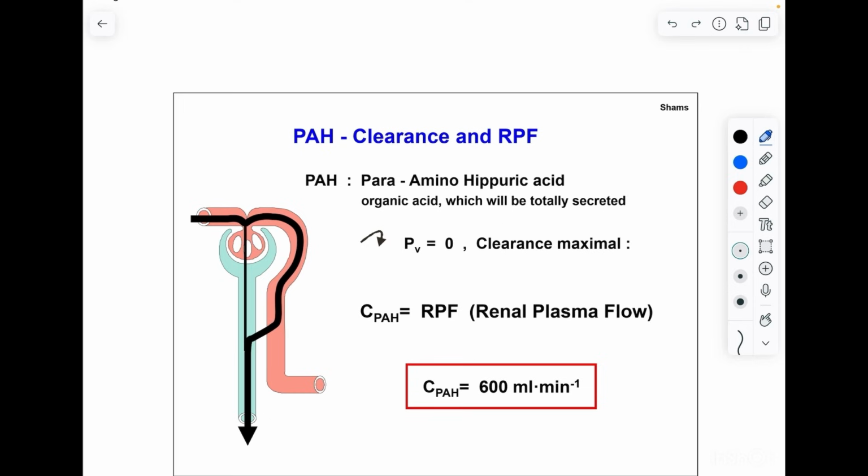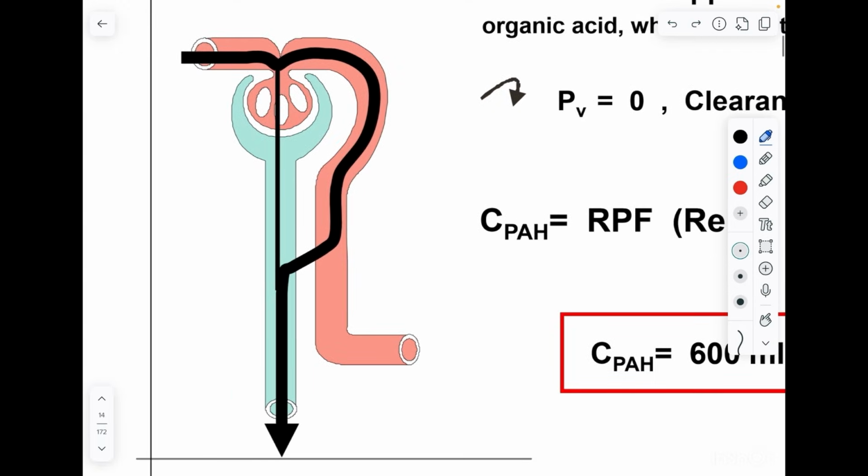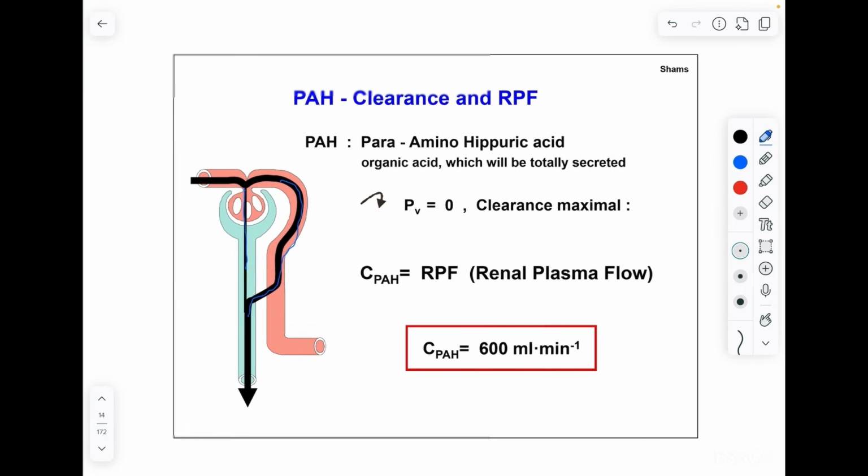Now we have para-aminohippuric acid, PAH. This substance is fully secreted, so some of it will be filtered, and then in the peritubular capillary, all of what's left will be secreted. Hence, the clearance of PAH is the whole renal plasma flow. Why? As we said, clearance of a substance is the amount of plasma that's getting rid of a certain substance per minute, for example.